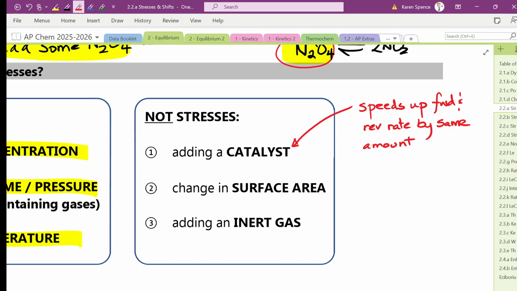Changing surface area also speeds up the forward and reverse rate by the same amount. I'll show you. Just wait. I got a picture. I got to draw it.